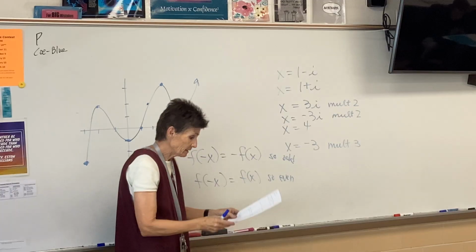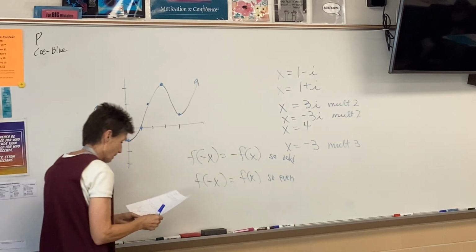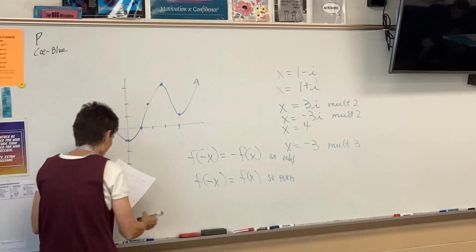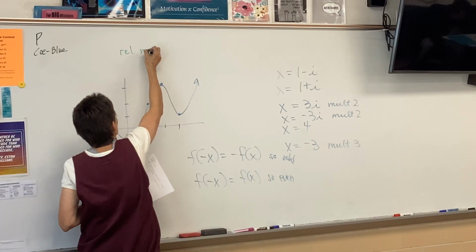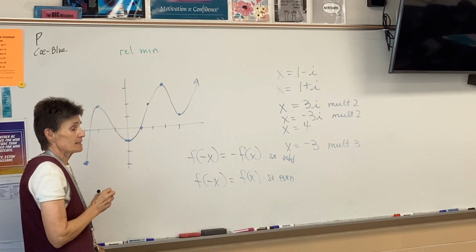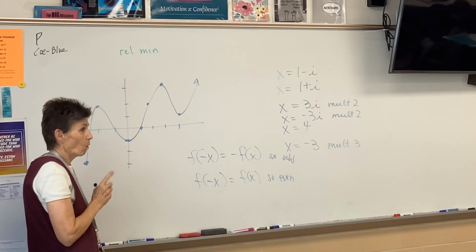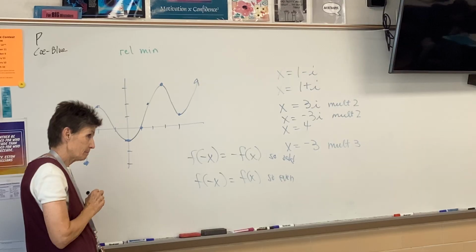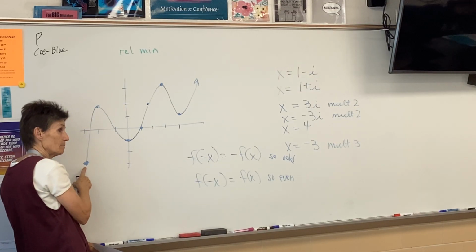All right, and finally, given this picture right here, relative minimum. Now remember, a relative minimum is either an endpoint, if you have one, or the bottom of a valley. So I've got an endpoint right here.